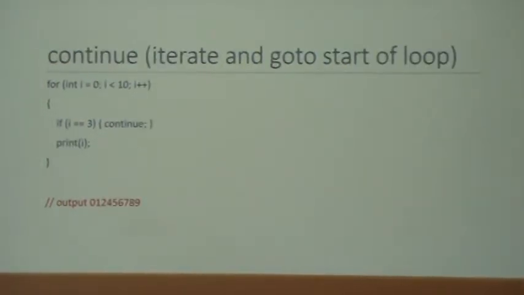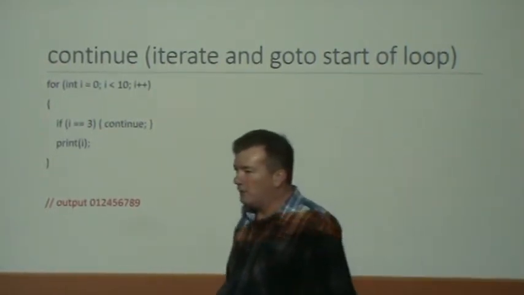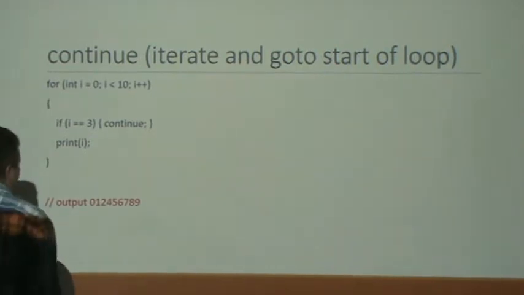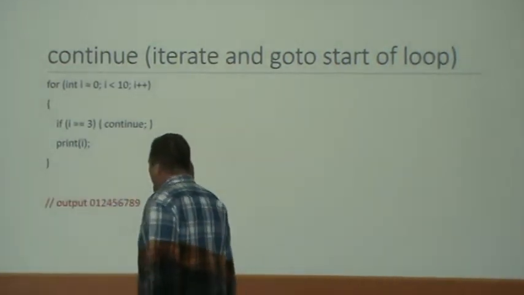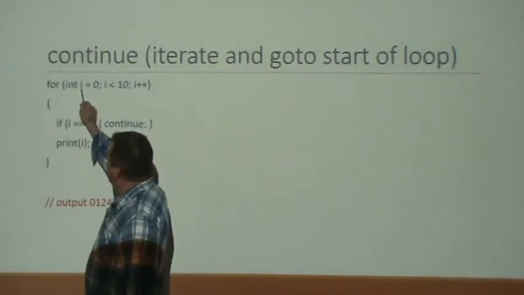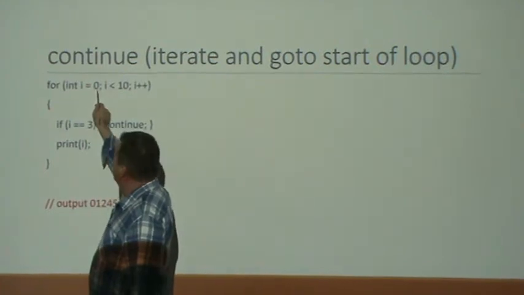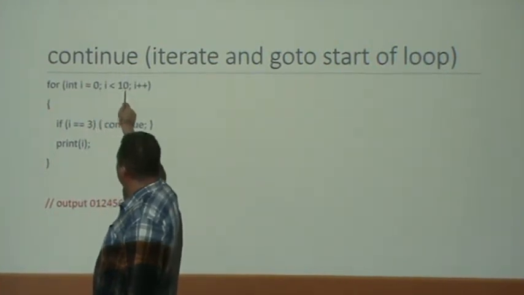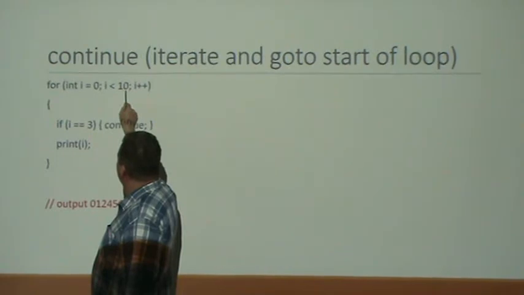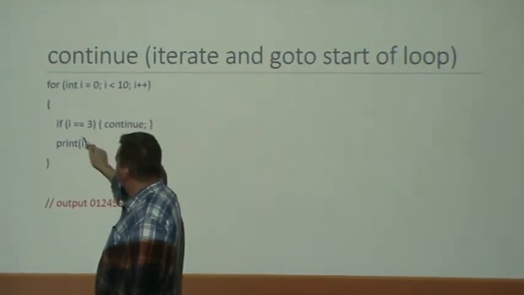And, all right. Then there's the idea of the continue. So this is where we're using implied labels. So here we're saying I is going to be initialized to 0. As long as it's less than 10, we're going to make I equal I plus 1.